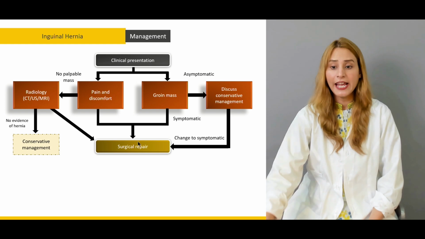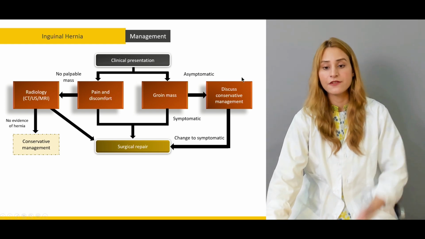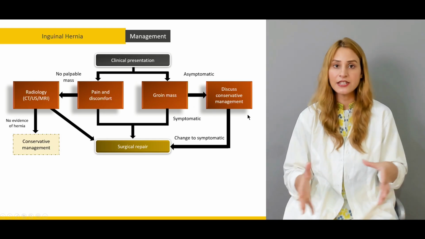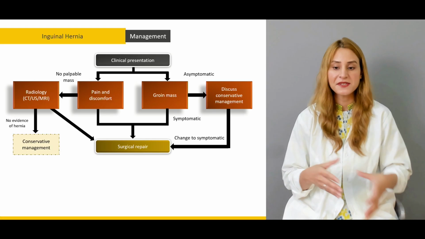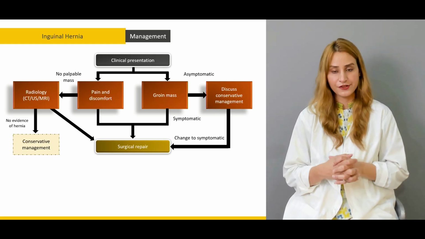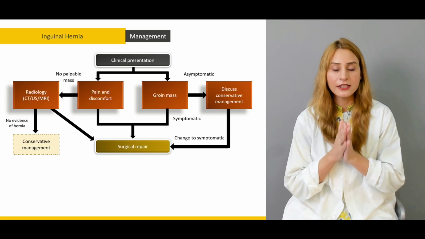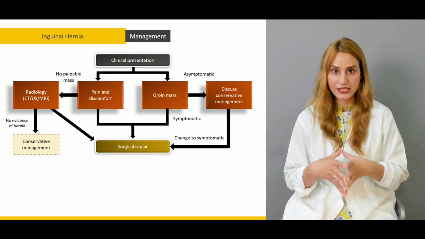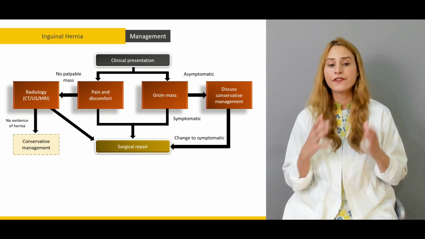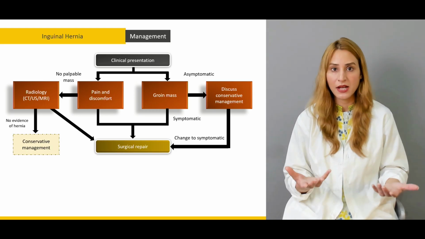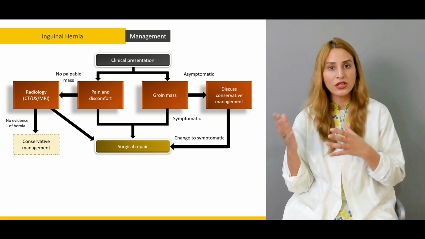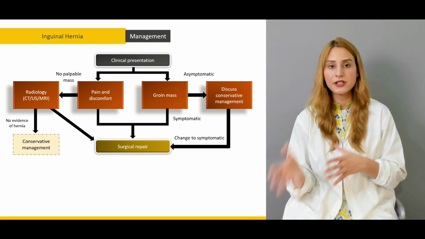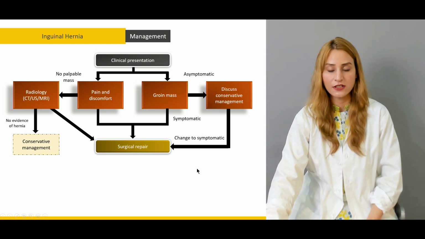If the conservative management for an asymptomatic growing mass has failed, or the patient becomes symptomatic, you have to go for the surgical repair. So the management strategies for hernia depend upon the clinical presentation of the patient. If the patient is coming to you with a groin mass but he is asymptomatic, you can leave it like that. You can have conservative management, and if the patient becomes symptomatic, you'll go for the surgical repair.